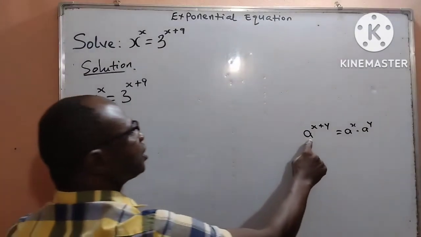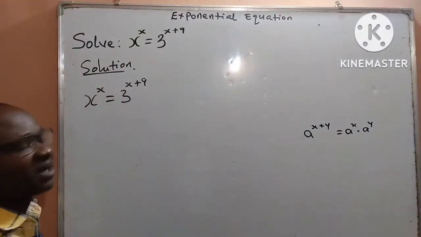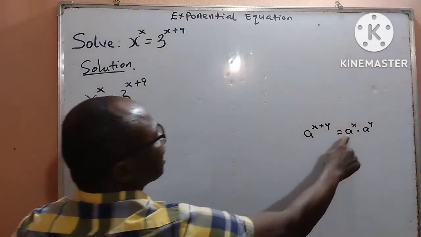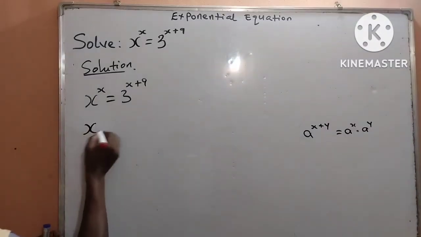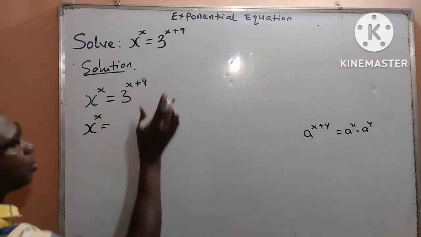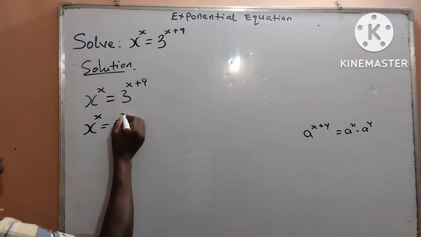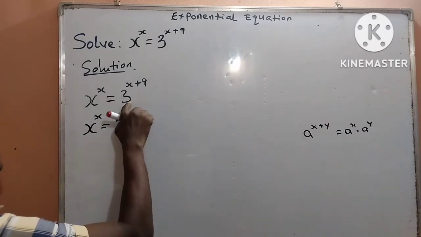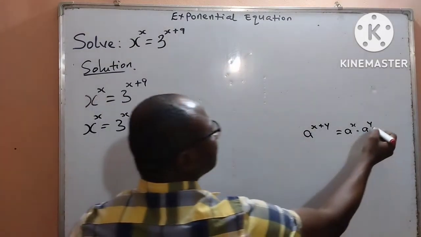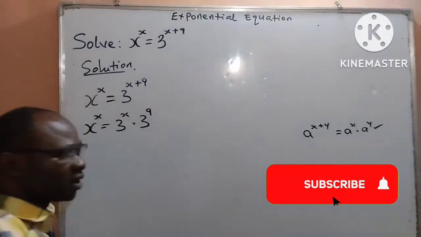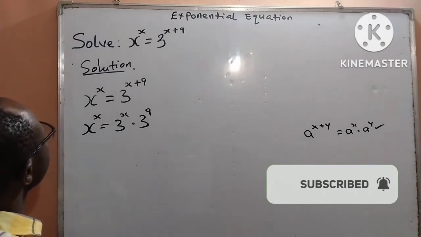Now, I will apply this law of indices to the right hand side, and that implies I shall now be writing x to the power of x equal to 3 to the power of x multiplied by 3 to the power of 9. So I have applied the multiplication law of indices.